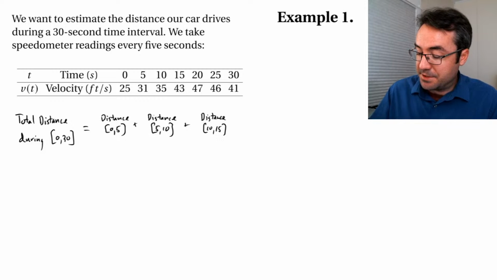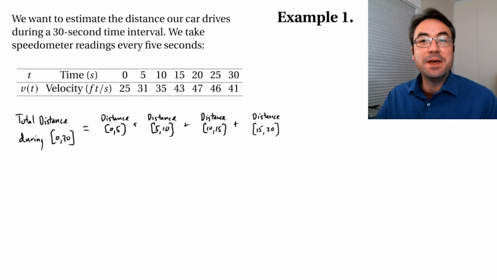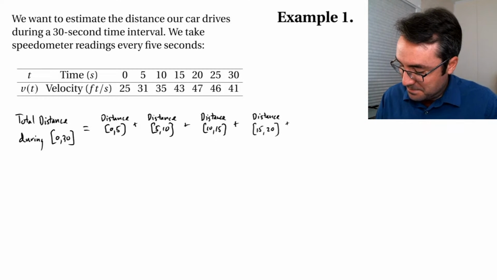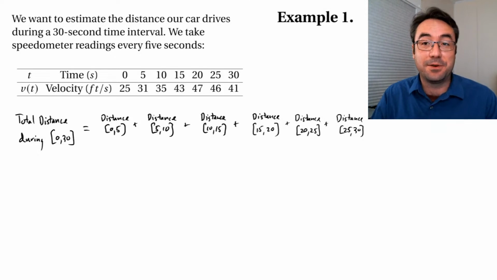And we just keep doing this. Let's write it all out. We'll be thankful in a few minutes, because there is going to be a simpler way to write out all these things that we're adding together. But call this character building. So we're just adding up all these distances over all these little subintervals. And then we stop once we get to that last subinterval, which goes from 25 to 30.